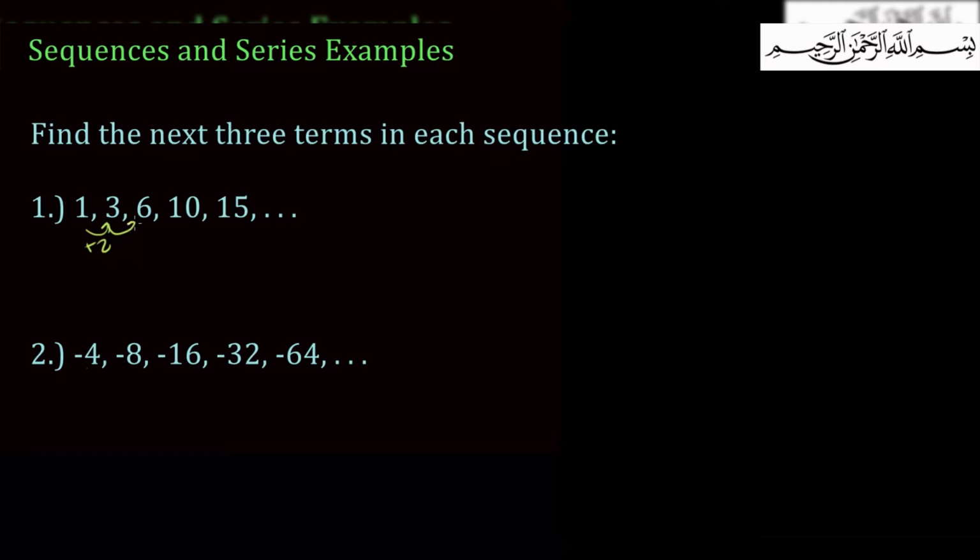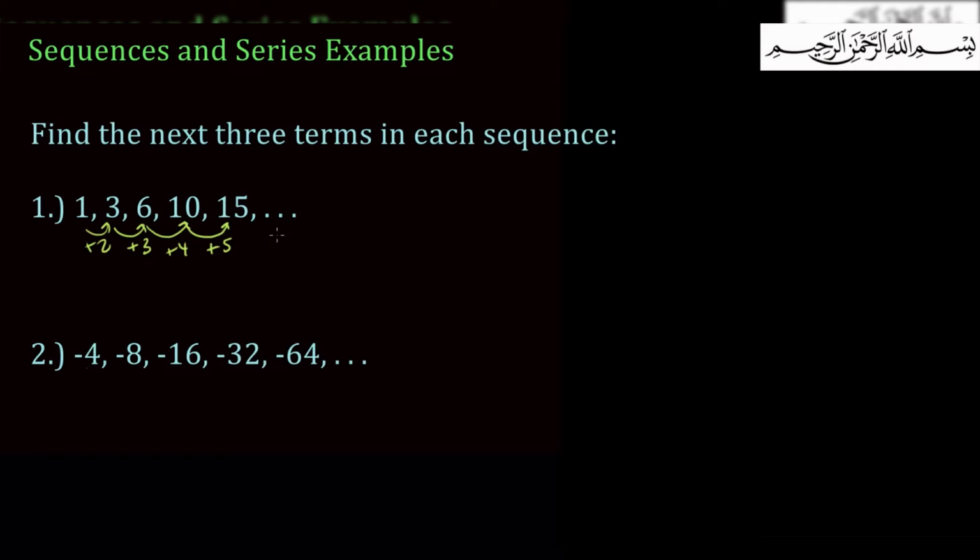If I add 2 to 3 you should get 5, but you're getting 6. That doesn't seem to be the case, but you're adding 2, and here you added 3, and here you add 4, and you can see there's a pattern here. In the next term you're adding 5, and therefore that appears to be the pattern.